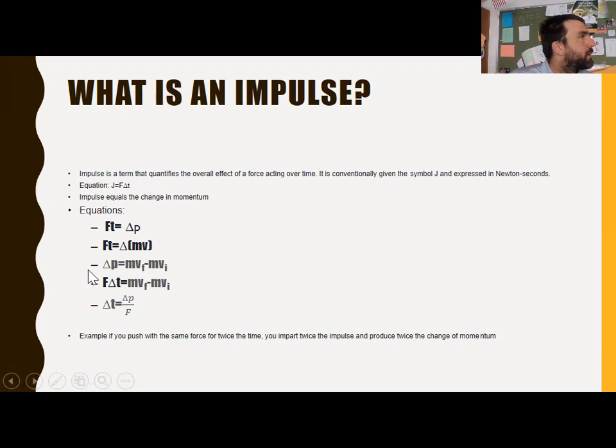With that stopping time question, you would use this 4th equation. They're all the same thing, but delta T would be equal to mass times final velocity minus mass times initial velocity, divided by force.